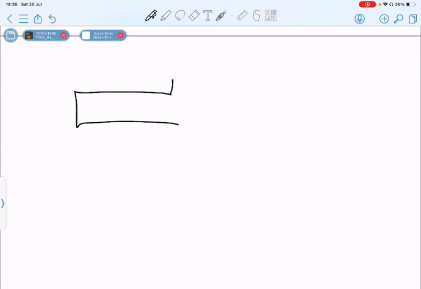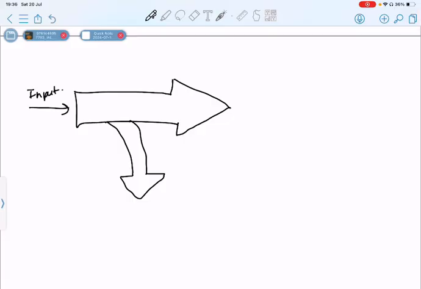It's an arrow, and this arrow has a side arrow. So this is the input, and these two arrows show the output. One is the useful output, and the other one is the not useful output, so it's the lost output.